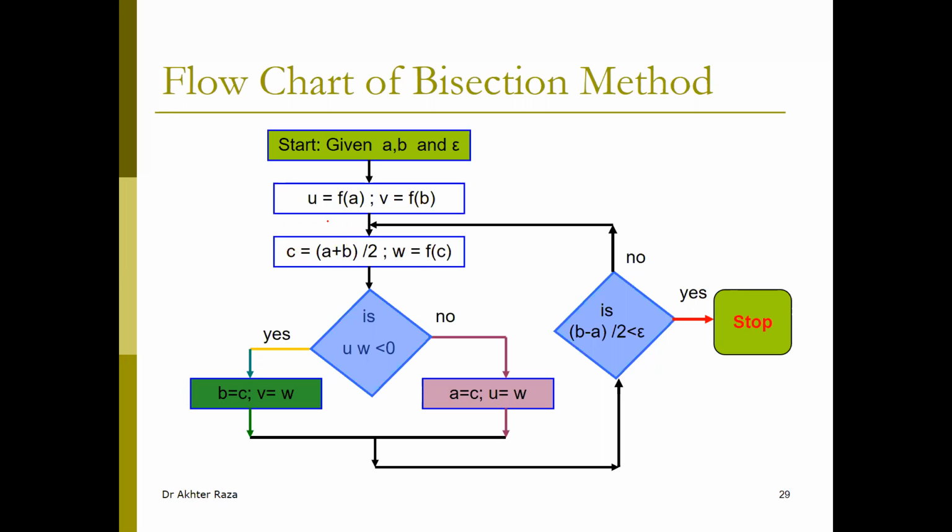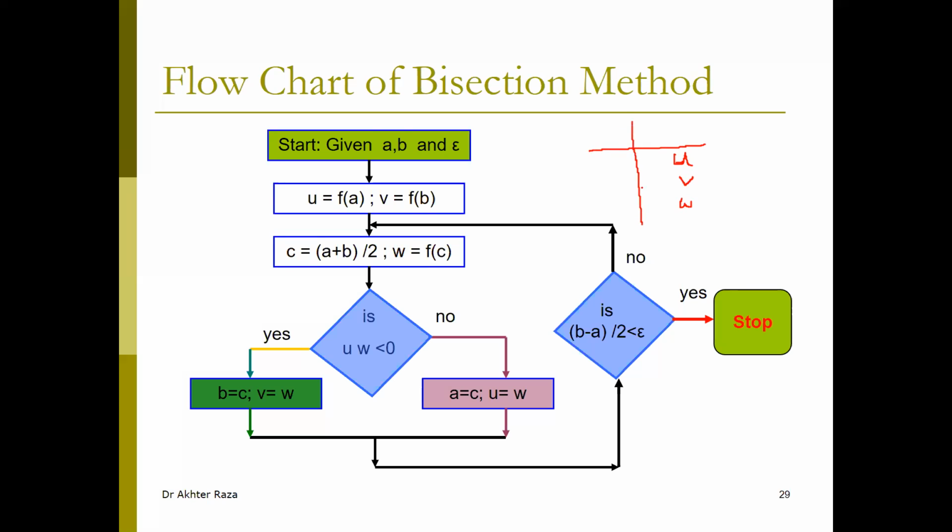Now the interval is broken into a, b, and c. And we calculate the function value at c, which is f(c), and that is w. So now we have the three function values: u, v, and w, and these are the values of the y coordinates.